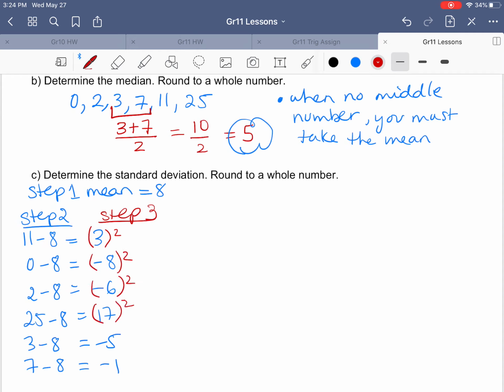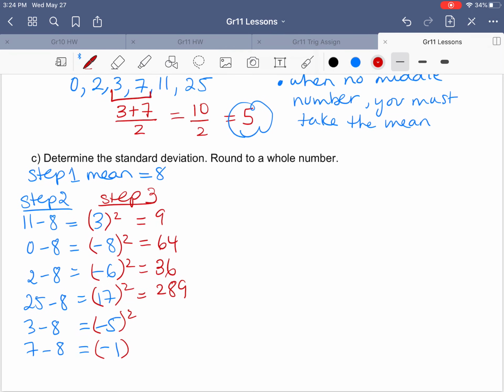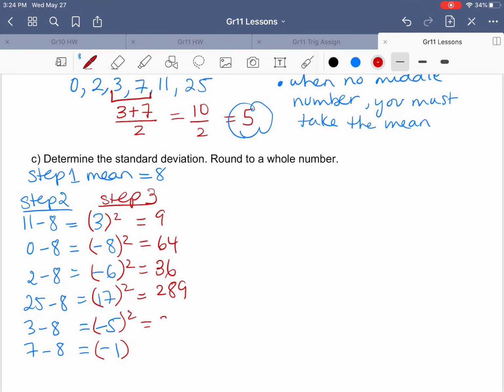So I can write that out for each of them and then do the calculation. 3 squared is 9, negative 8 squared is positive 64, negative 6 squared is positive 36, 17 squared is 289, negative 5 squared is 25, and negative 1 squared is positive 1. So for step 3, we've squared all of our answers from step 2.